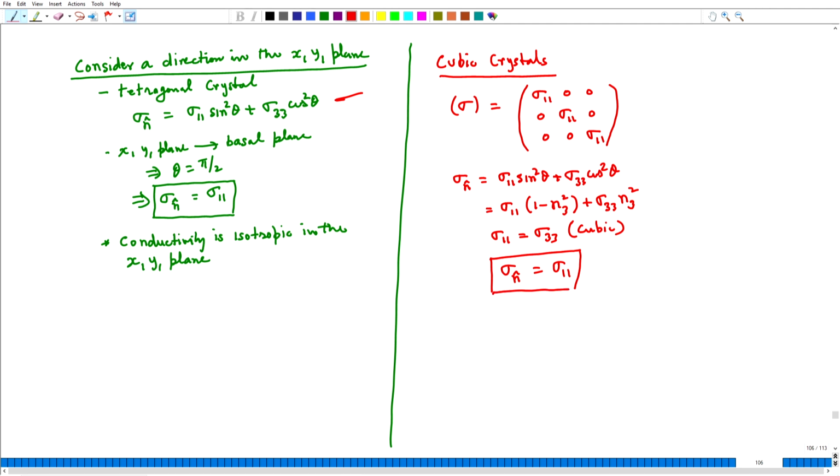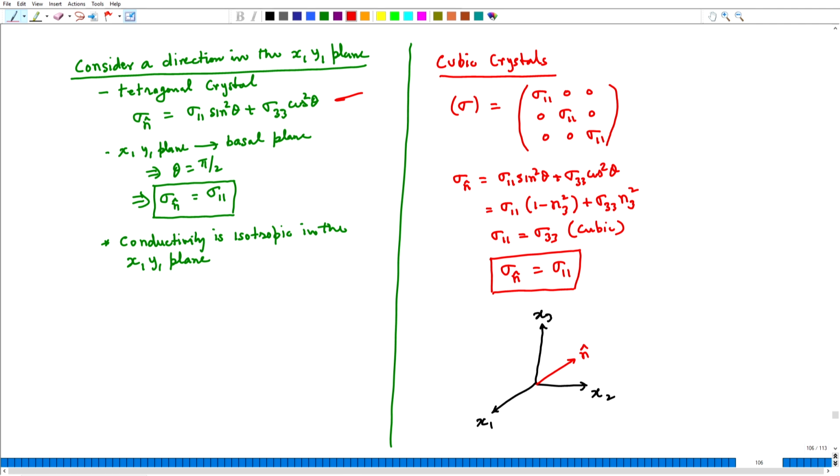And now, in this case, the unit vector is in a general direction, not just in the basal plane like we did in the tetragonal crystal.